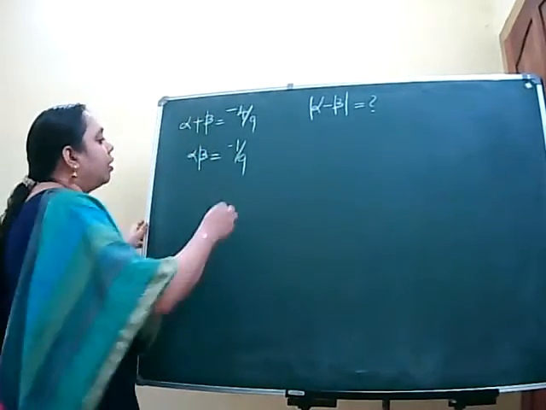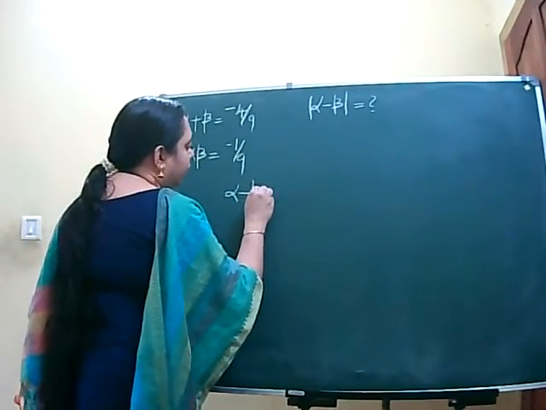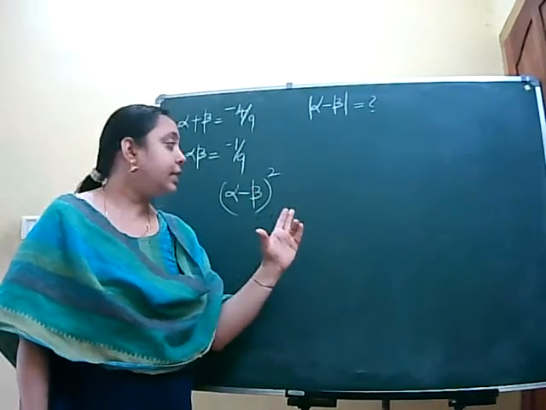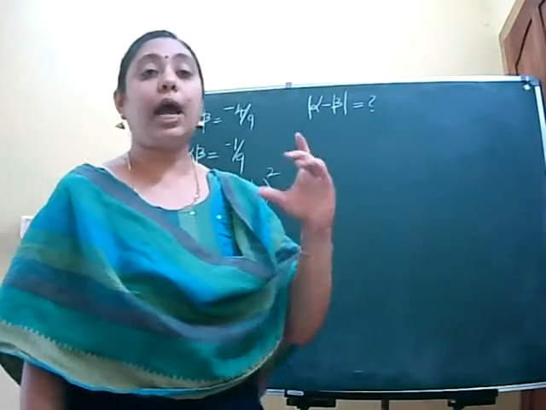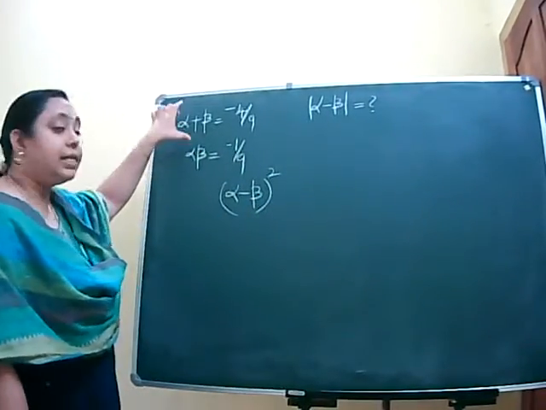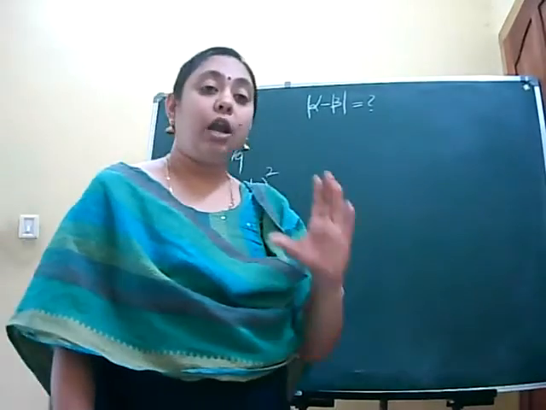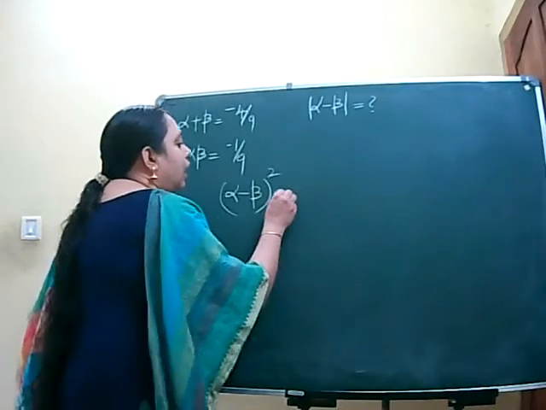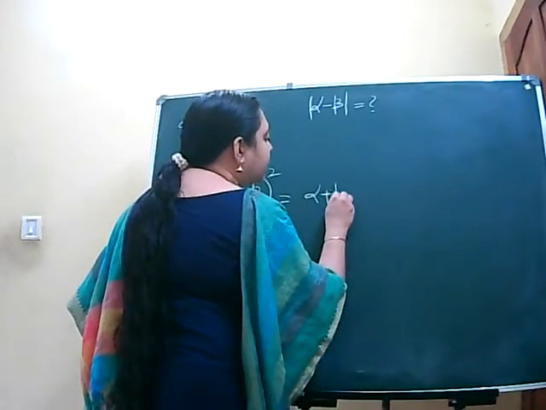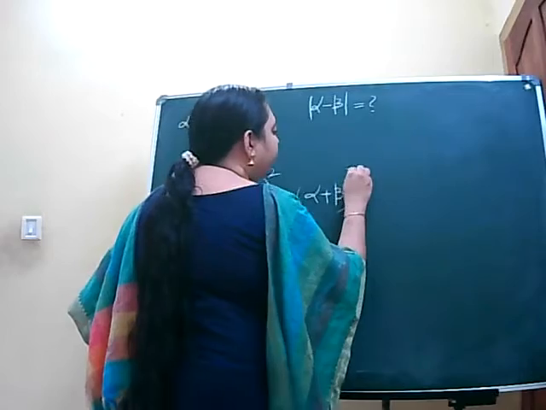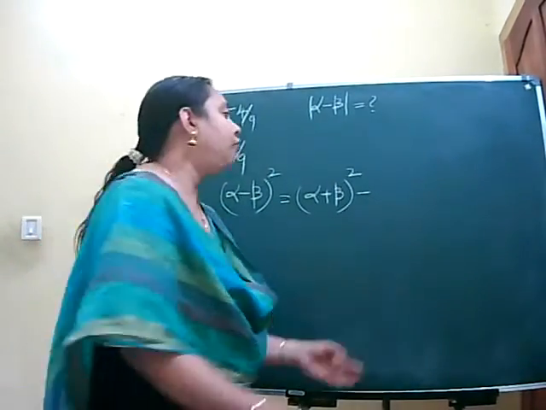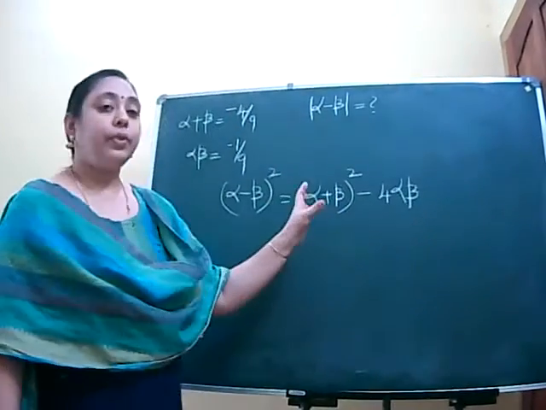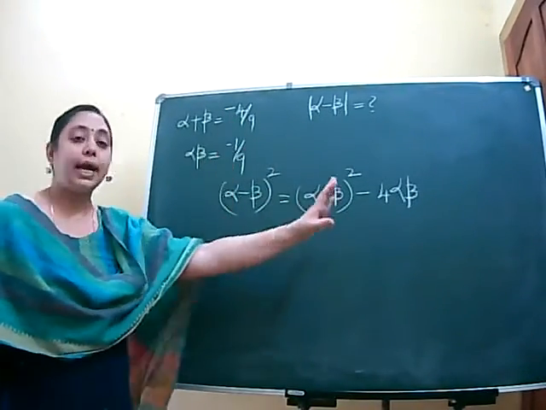So, convert alpha minus beta the whole square into an expression containing these. Alpha minus beta the whole square can be written as alpha plus beta the whole square minus 4 alpha beta. Now just substitute these values and simplify.